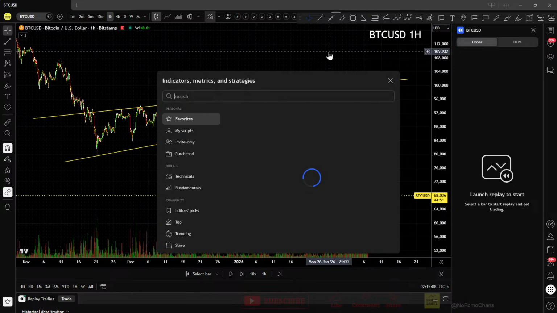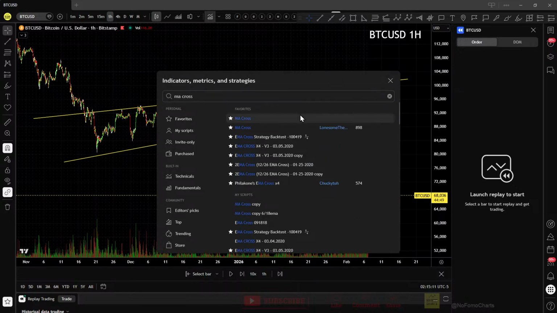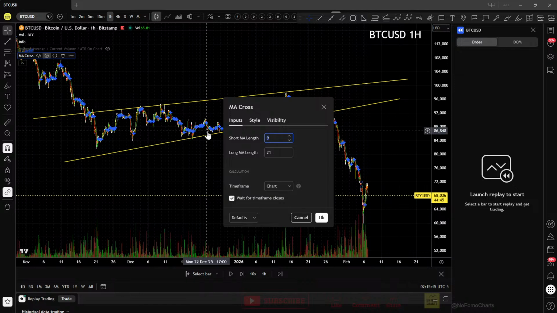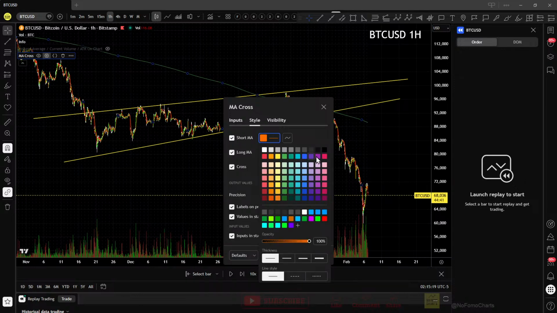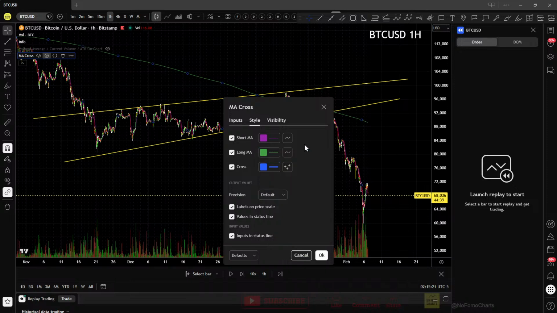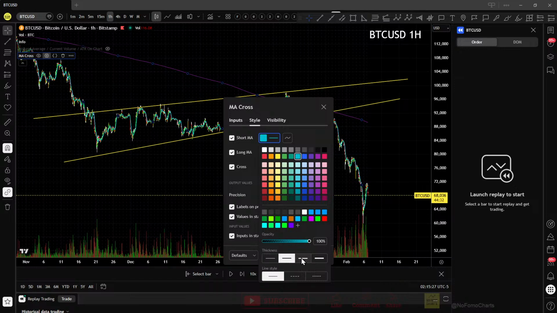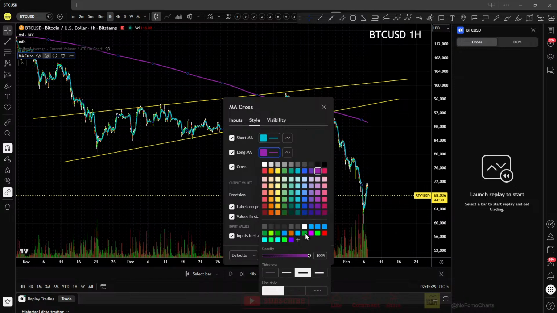Just very quickly, once I start getting intraday, I might want to start pulling open the moving average cross. I'll just use 12 26 because that's one of my shorter term lines where sometimes you could see the trend change.